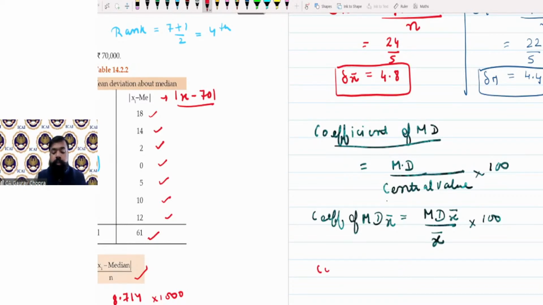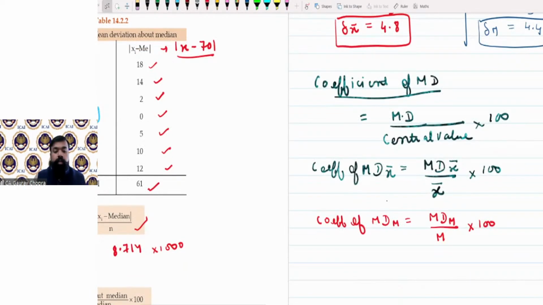If it is coefficient of mean deviation from median, then it will be mean deviation from median upon median and then multiplied by 100. And if it is coefficient of mean deviation from mode, then we will write mean deviation from mode upon mode multiplied by 100. So this is the formula for coefficient.